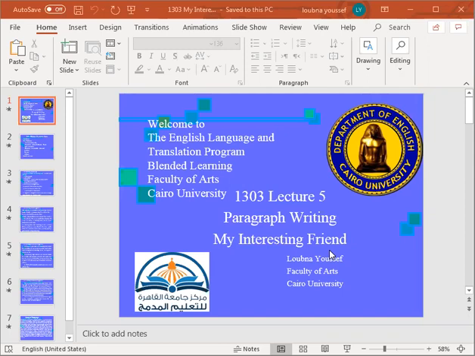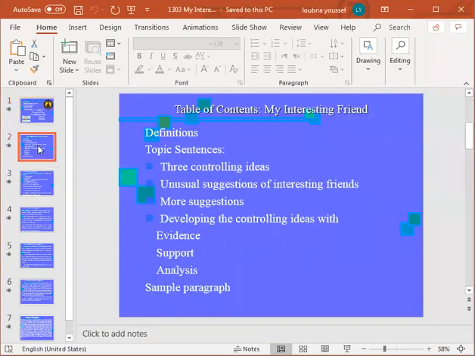Now, in order to start dealing with this focus, as we always do, we have a table of contents. The table of contents introduces the different points that we are going to be dealing with, in order to see what we're going to discuss.